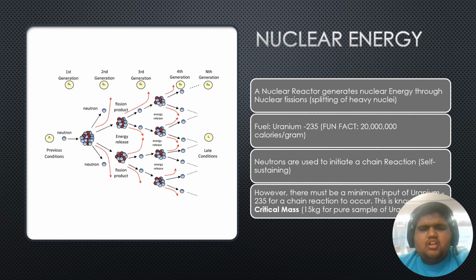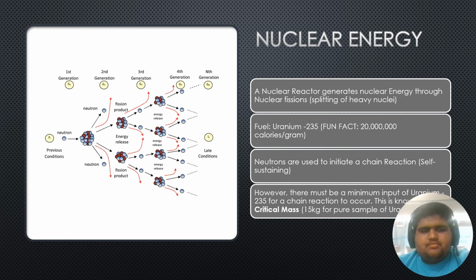So a nuclear reactor generates nuclear energy through nuclear fissions. If you recall fissions from our last unit, it's basically a nucleus splits into multiple nuclei while releasing energy and more neutrons to initiate another chain reaction.